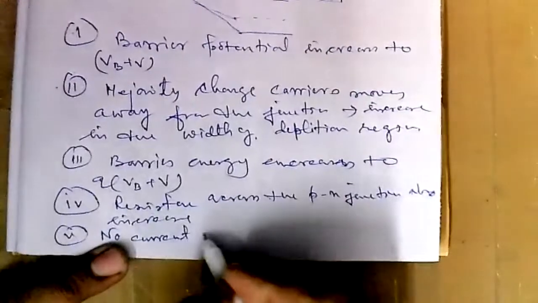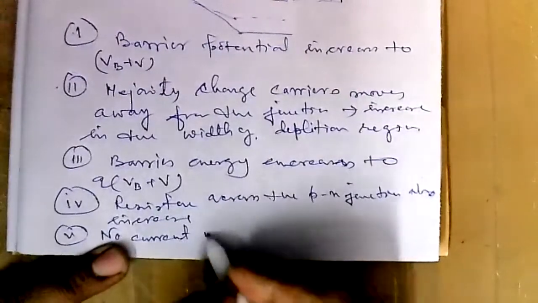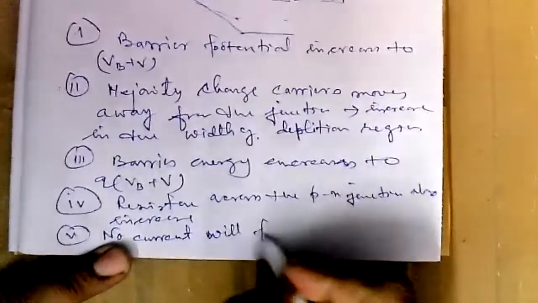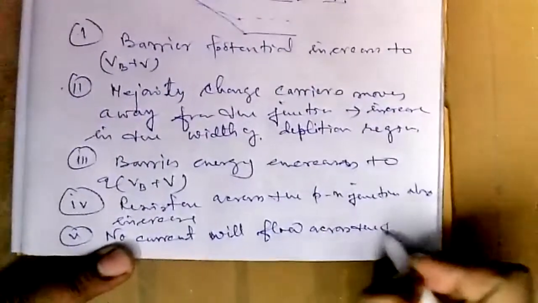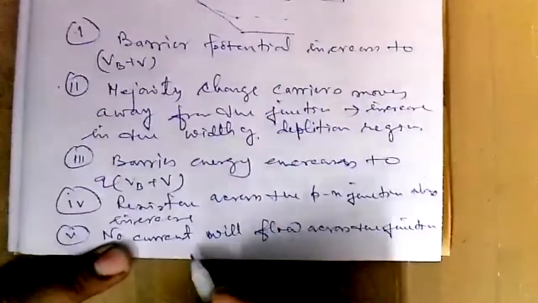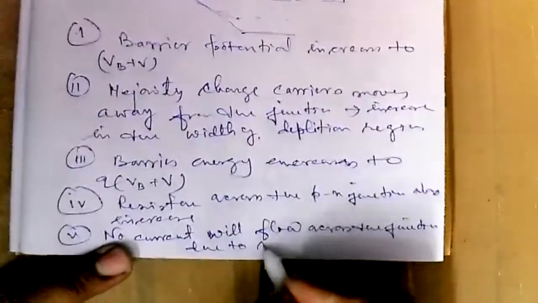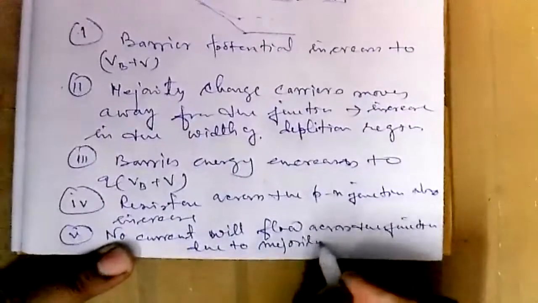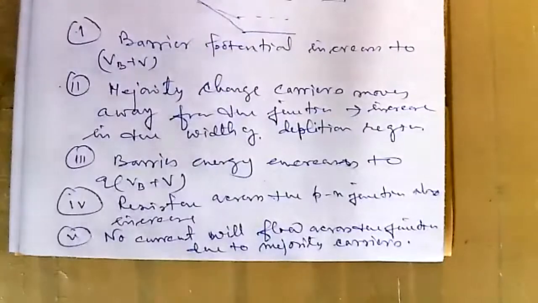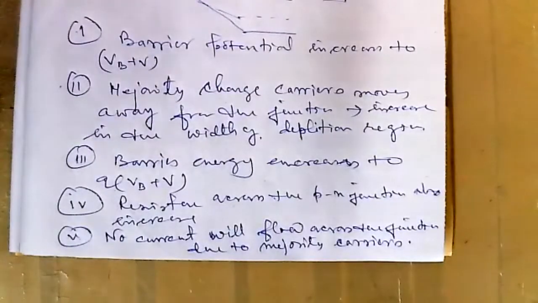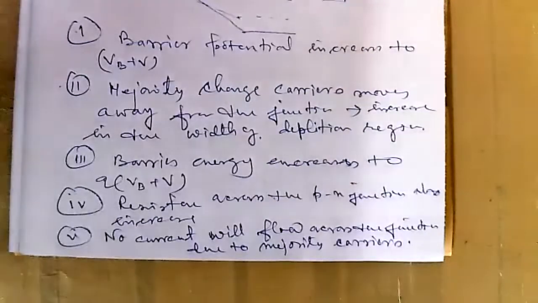No current will flow across the junction due to majority carriers. So you can understand the current will flow when it is connected in forward biasing, and there will be no current when it is connected in reverse biasing.